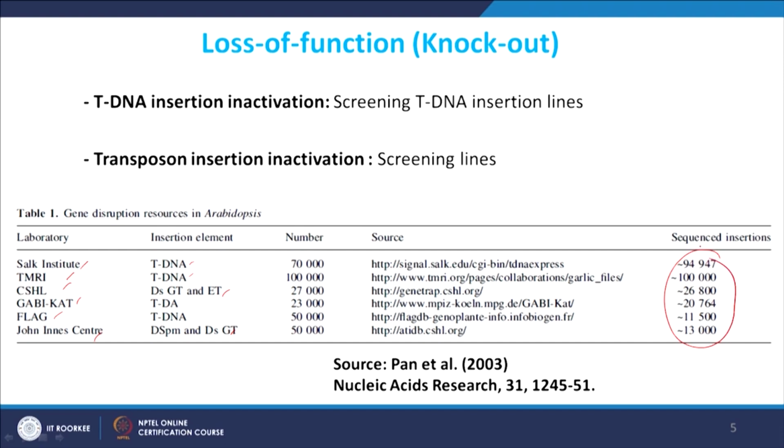You can choose any of the mutants, request or order it, and you will directly get those mutants for your detailed functional analysis. There are a large number of such collections of mutants available.